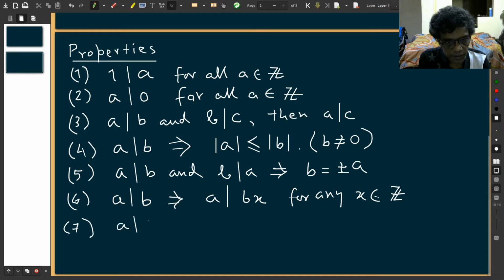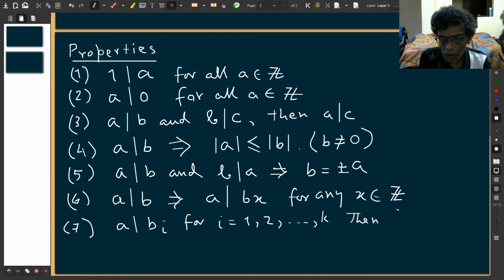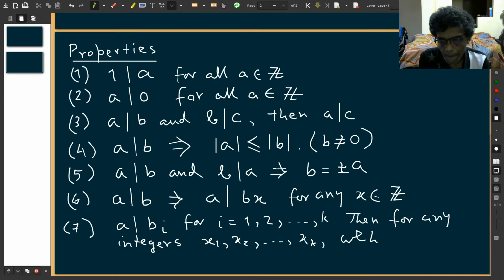Suppose that a divides b_i for i equal to 1, 2 up to k, then for any integers x1, x2 up to xk, we have a dividing b1 x1 plus b2 x2 plus so on plus bk xk.